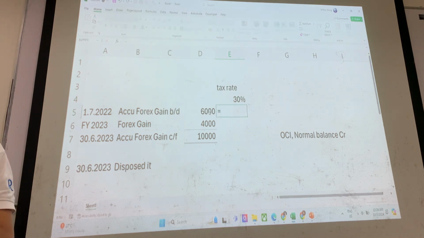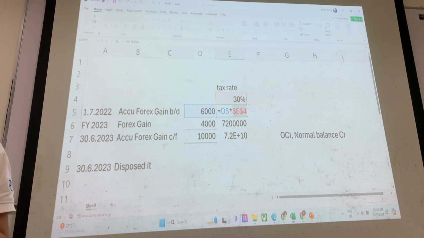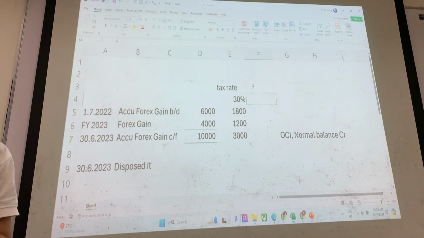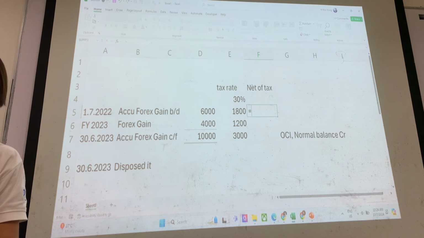So you just do it slowly. Oh sorry, I forgot to lock it. After tax, or net of tax, net of tax is a better term. So net of tax will be equal to this minus this.